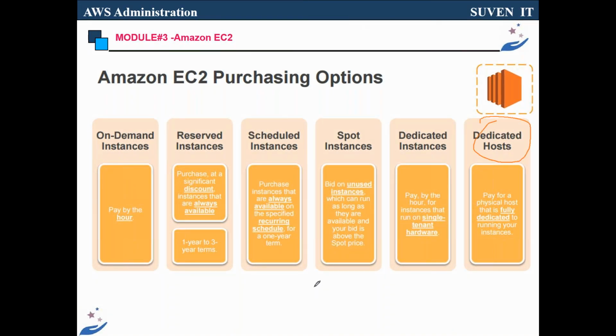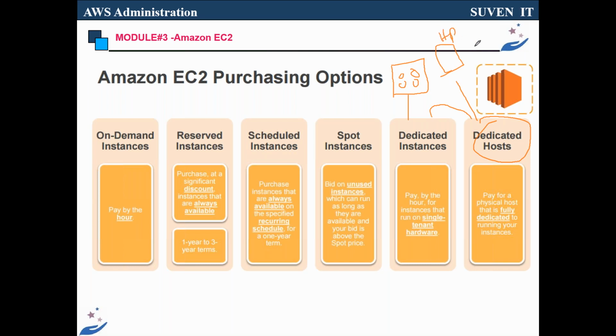Dedicated host means the physical server. They will give you the direct physical server. You understand the difference between these two? This is the VMware environment they are providing you. This is for only your instances. All of your instances are sitting there. But dedicated means they will give you the direct dedicated server like HP or Dell machine in their data center.